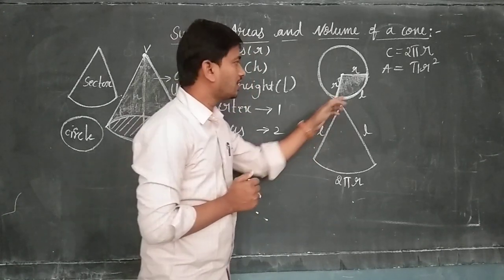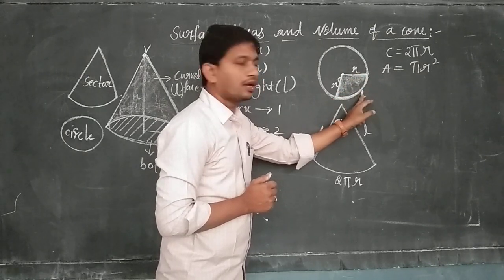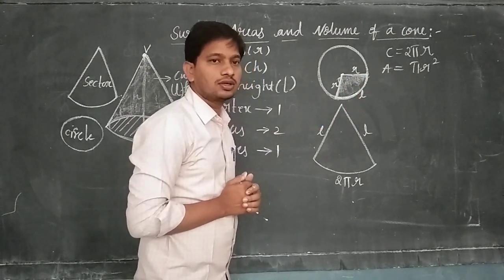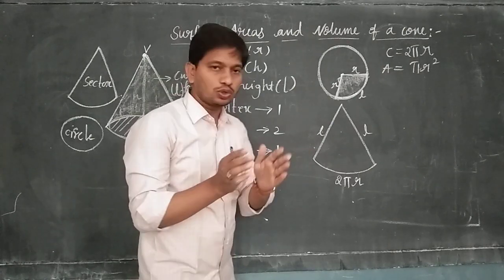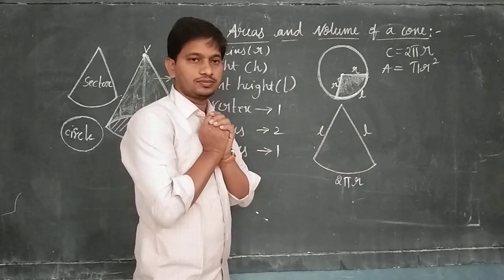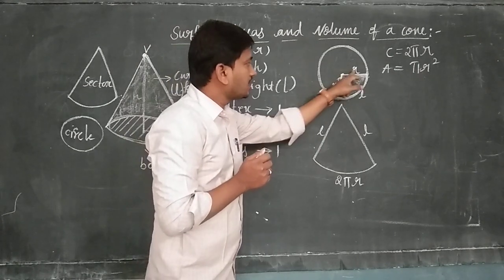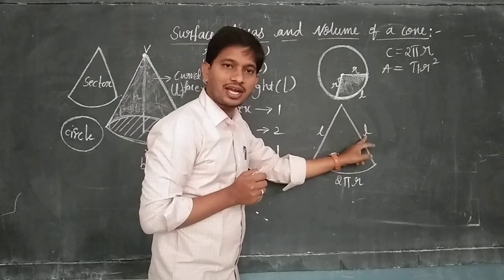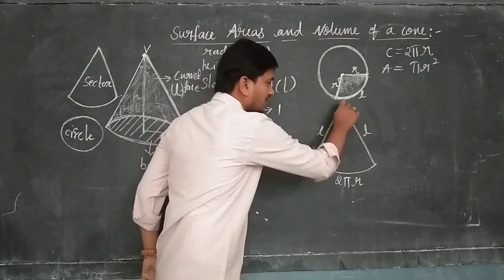Sector is nothing but the region bounded by two radii and an arc. Now coming to dimensions of the sector, this radius will become the slant height of the cone, the slant height of the sector we can see.